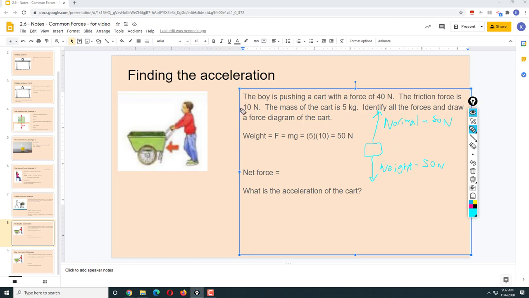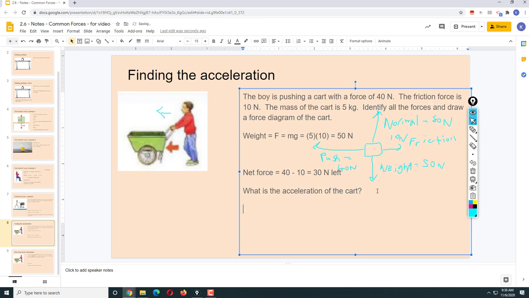We have a pushing force going to the left of 40 newtons, and we have a friction force going 10 newtons to the right. So the net force: the 50 minus 50 cancel each other out, so it's 40 minus 10, which is 30 newtons to the left, because the pushing force is larger and it's going to the left.